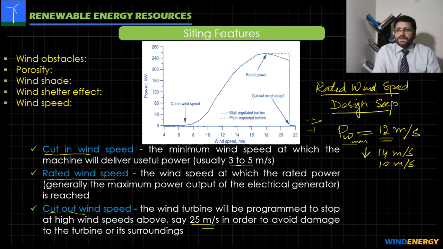And again, if the speed is dropped to 10 meter per second, we are going to have the same result. So with an increase or decrease from the design speed, that is 12 meter per second, we are going to have lower power output.